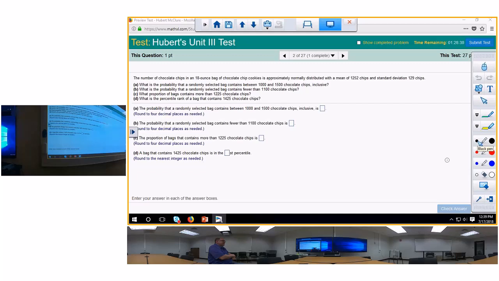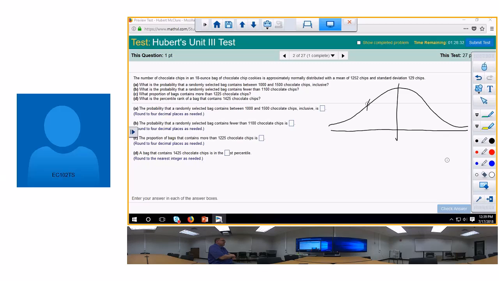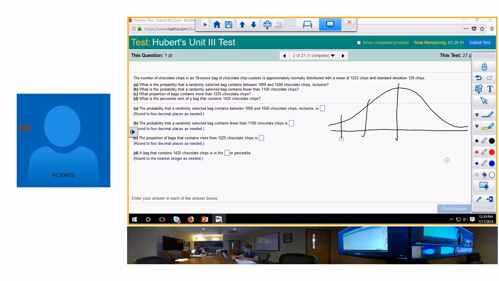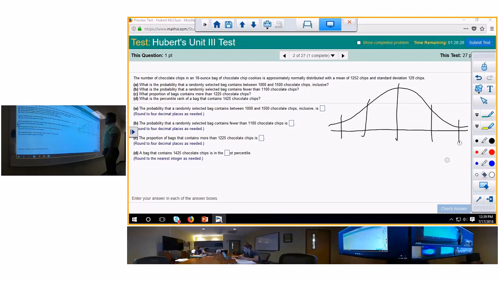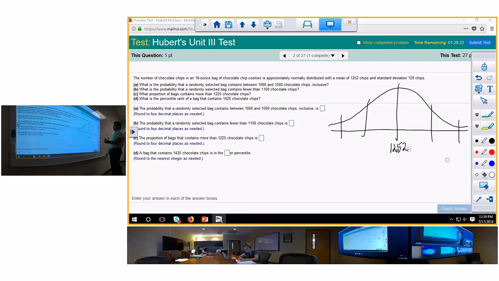All right, so we've got a normal distribution. And we've got, somebody add it because I'm not going to add it in my head, 1252. And then what's the first standard deviation?